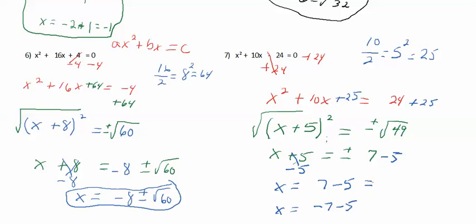So I have 7 minus 5 is 2, and then I go keep, change, change, so 7, 8, 9, 10, 11, 12, so I have a negative 12 on this side. And this is my answer. Okay, so that was completing the square.